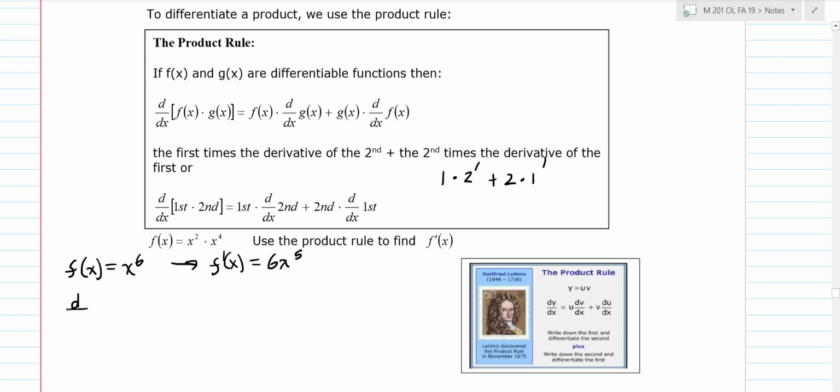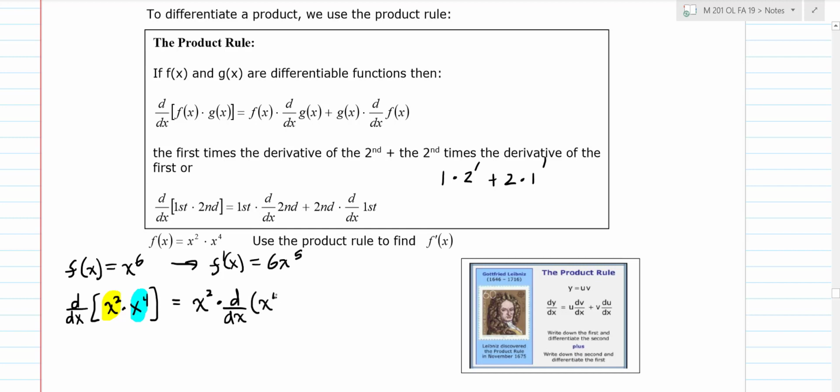If we do the derivative of x to the second times x to the fourth, you've got two things. That's your first function, and this is your second function. So according to the product rule, you write down the first. You don't do anything with it. Then you multiply by the derivative of the second.